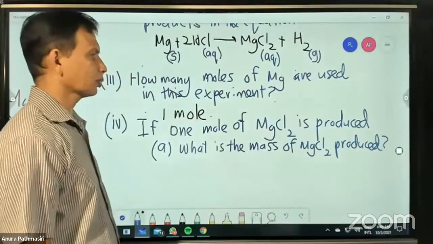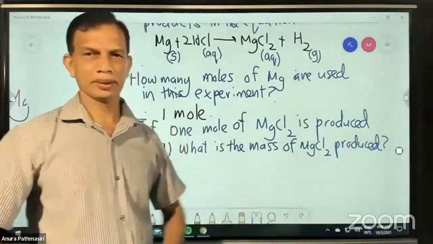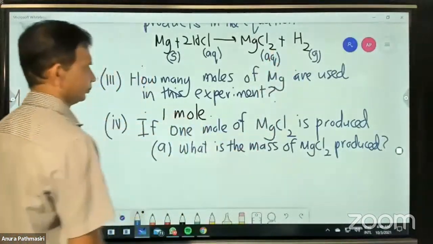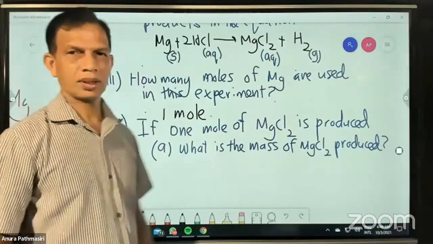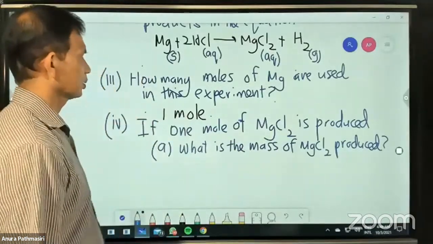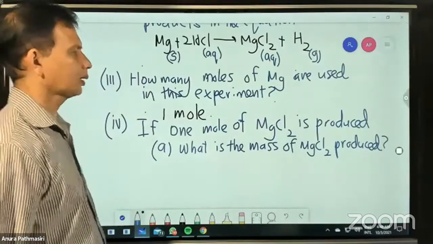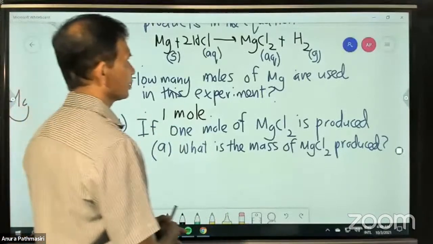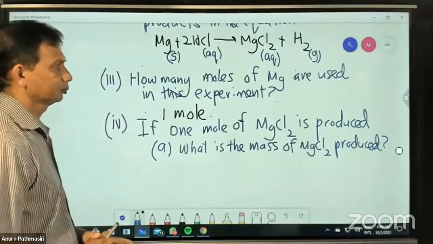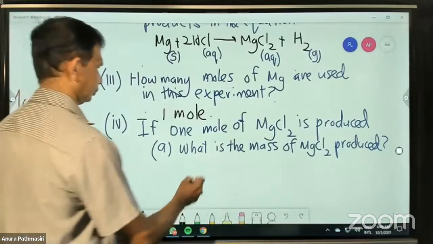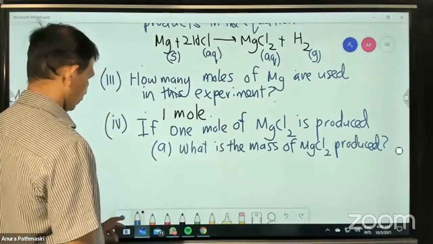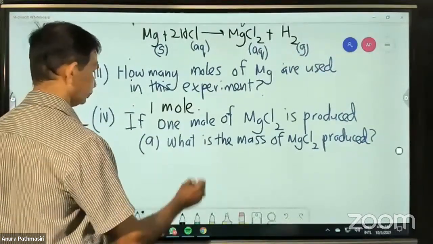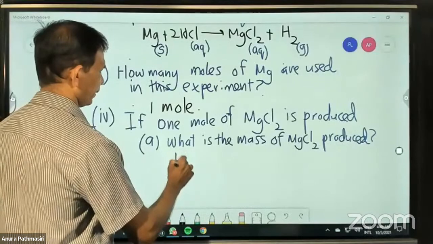What is the mass of magnesium chloride produced? The answer is, what is the mass of magnesium chloride produced? What is the answer? 95 grams.